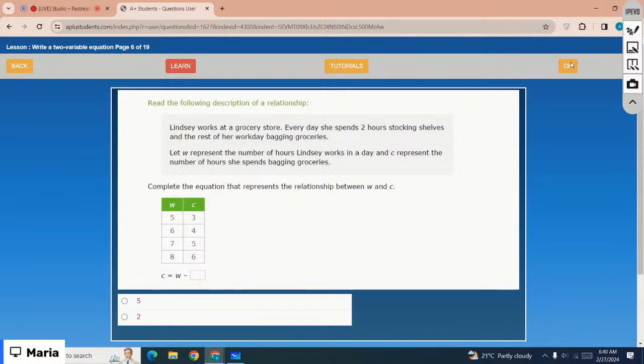Lindsay works at a grocery store every day. She spends 2 hours stocking shelves and the rest of her workday bagging groceries. Let W represent the number of hours Lindsay works in a day and C represent the number of hours she spends bagging groceries. So which is the correct option?